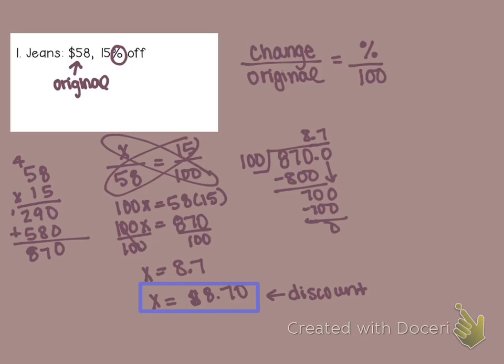If I were to ask what is your new price of the jeans, you would take your original price of $58 and subtract $8.70 from it. 17 minus 8 is 9. So your new price would be $49.30 after discount.